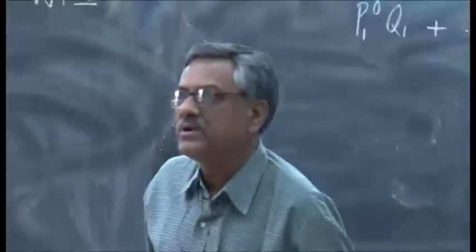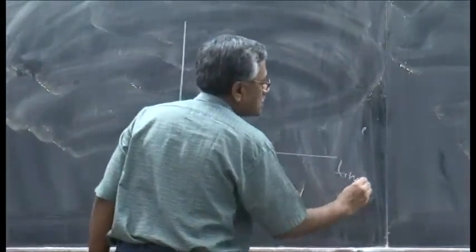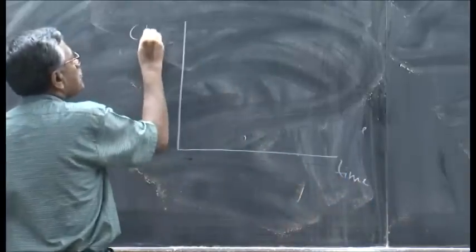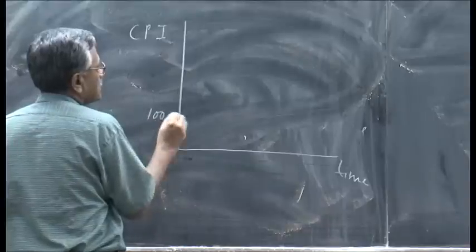Suppose the price of a good in some year, if I draw a diagram, and this is the time period, and suppose I'm measuring the CPI value. The CPI value was 100 here.